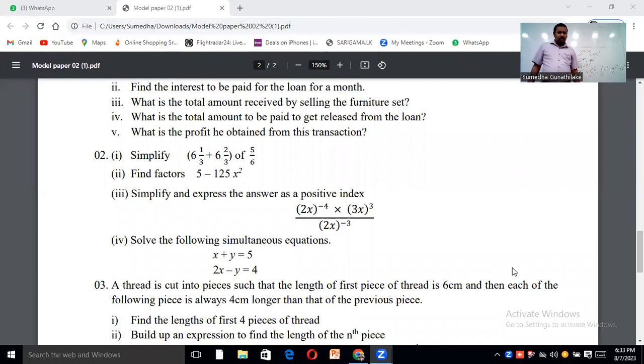Then we'll solve this simultaneous equations. Very easy one. X plus y 5, 2x minus y 4.